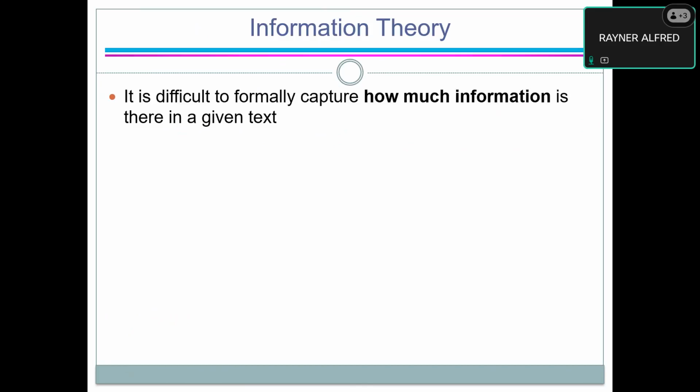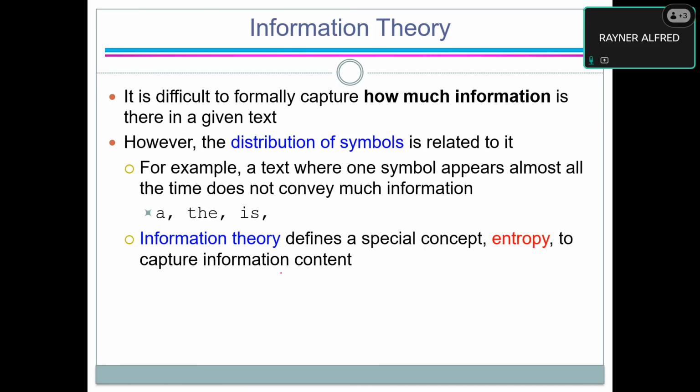For information theory, we are looking at how we capture how much information there is in a given text. So we can use information theory to define how much information we can have for a certain term.